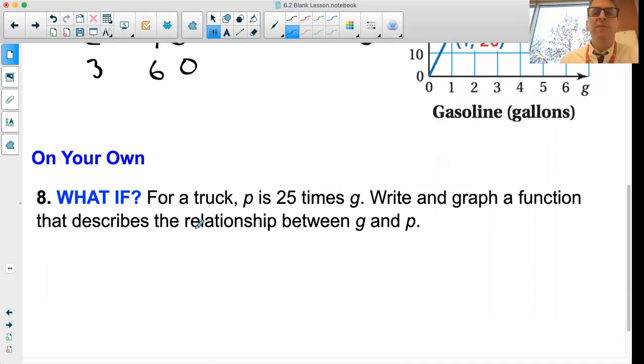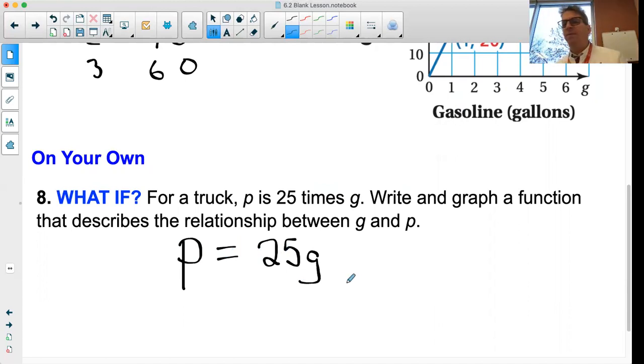So in this case, P, pounds, would equal 25 multiplied by the number of gallons, G. So P equals 25 G.